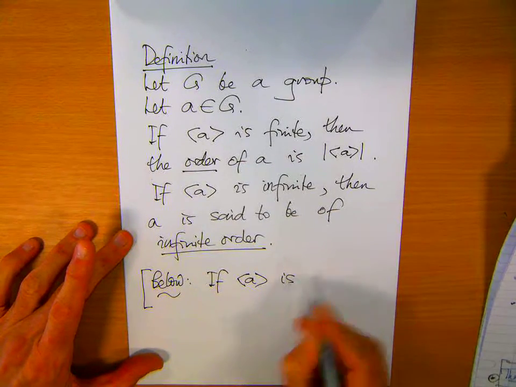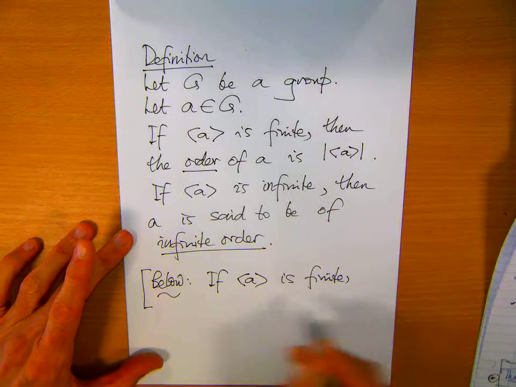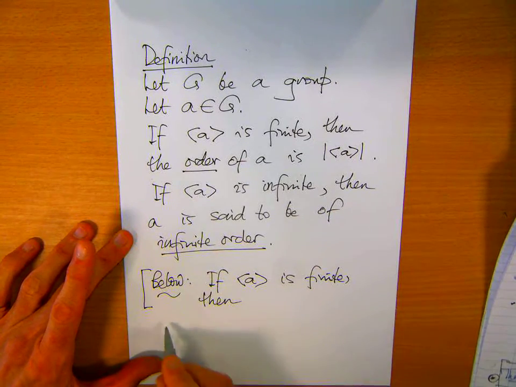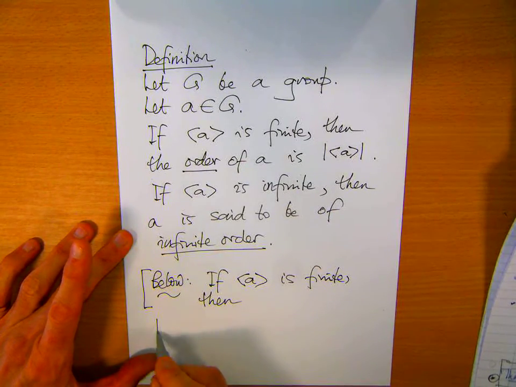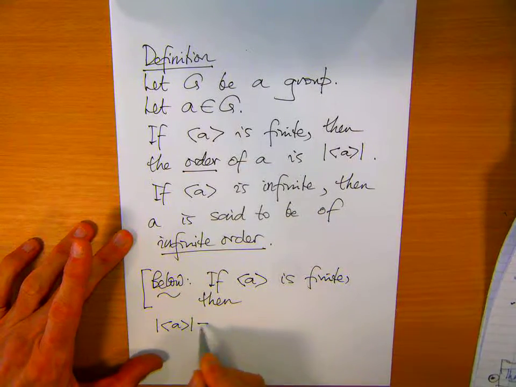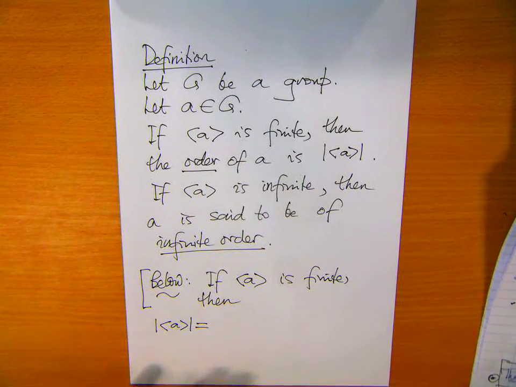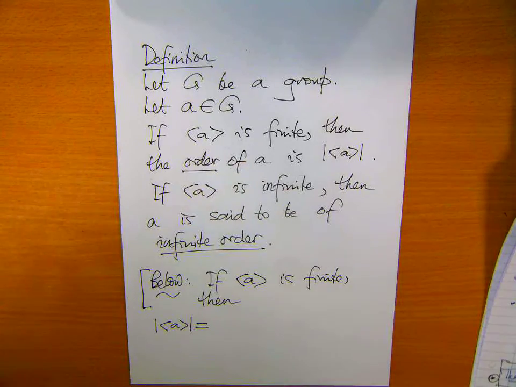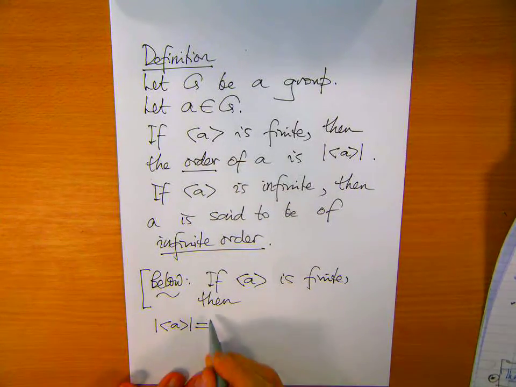If A is finite, then it'll turn out that the order of A is just the smallest positive power such that if A is raised to that power, we get the identity.